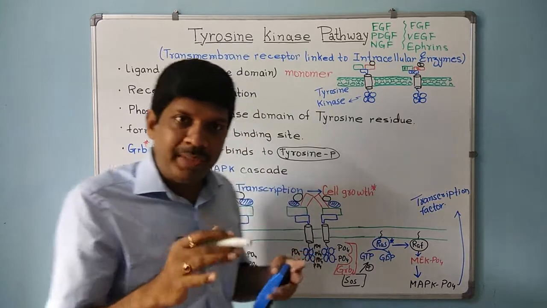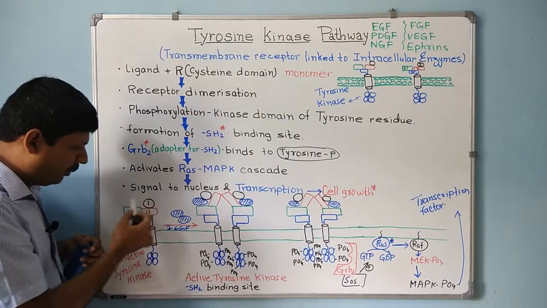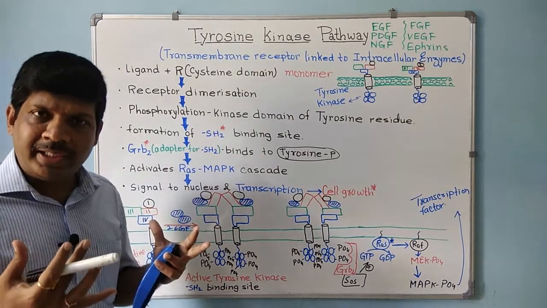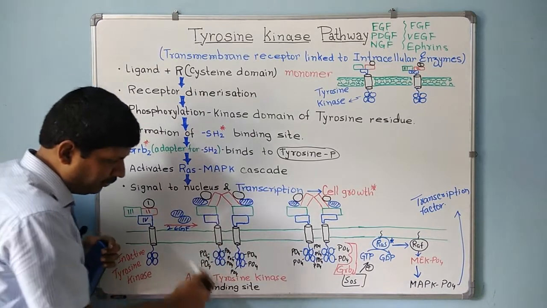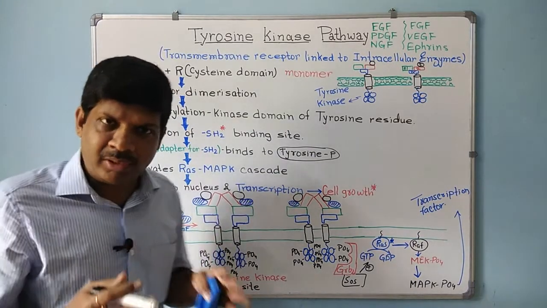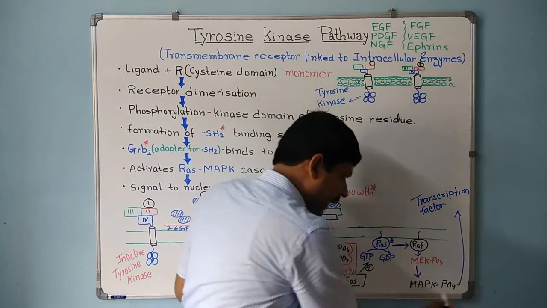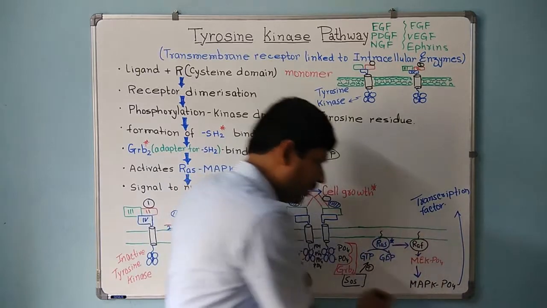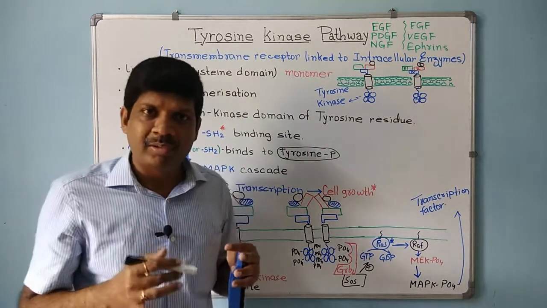In order to inhibit, there is a possibility that if you block the binding of the ligand, the whole pathway can be halted. Or if you alter the enzyme to get activated, then also it can be halted. Or if you somehow can stop the stimulation of this RAS-MAPK pathway or cascade mechanism, then also the progression can be halted.